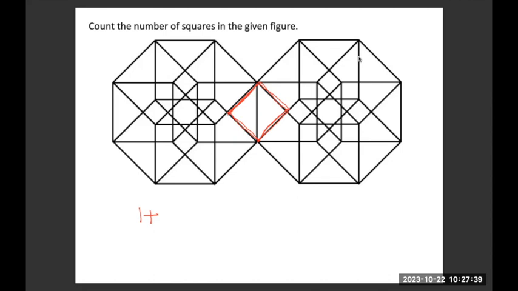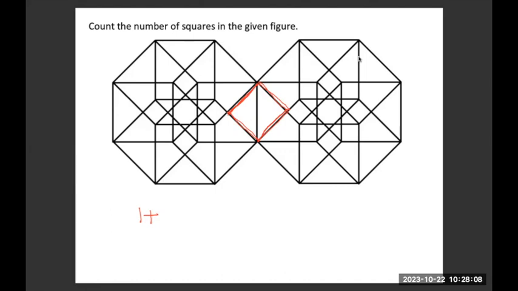Kushi, wrong answer. Tanvi, wrong answer.